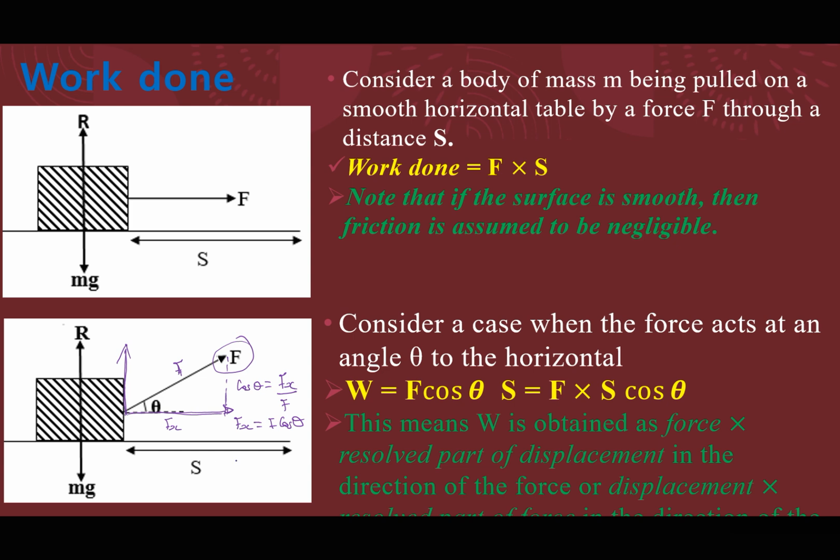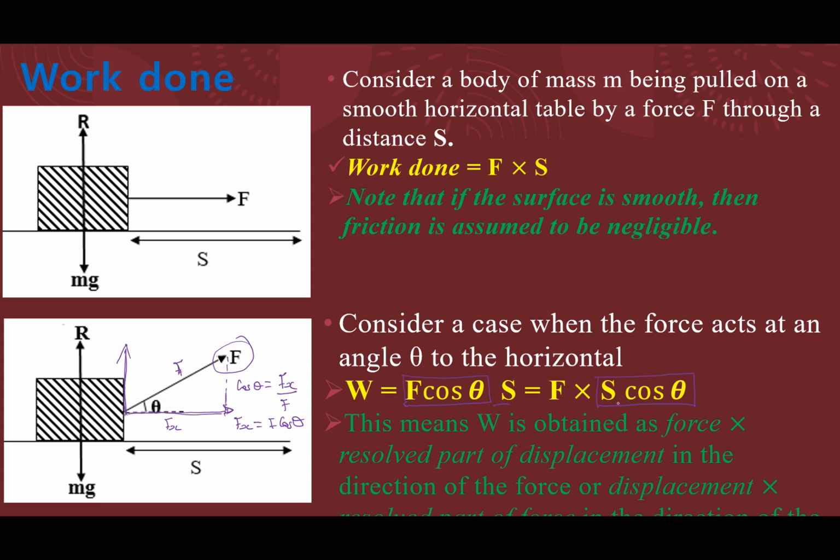Therefore, if the force acts at an angle theta to the horizontal, then the work done is the component of the force acting in the horizontal, that is F cos theta, times the displacement. Of course, if you rearrange, it can also be F times S cos theta.